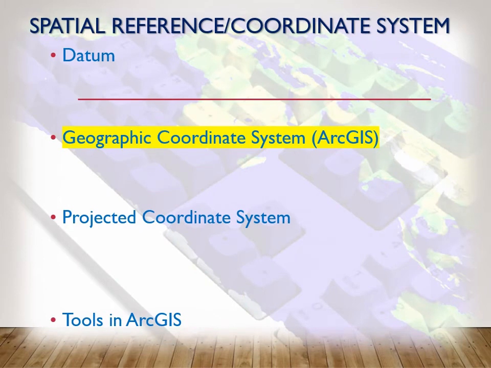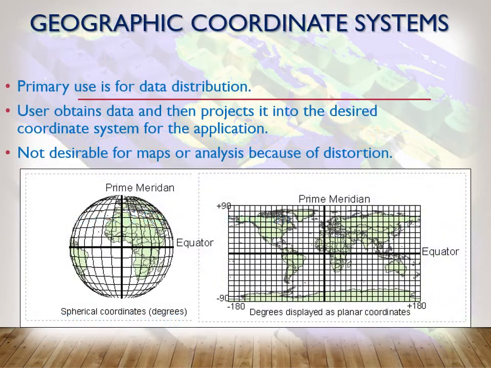Okay, so how do we deal with geographic coordinate systems in ArcGIS? So geographic coordinate systems in general are not a good thing to use. You might want to use it if you're giving data away, because that way a person can go ahead and just project whatever they want, whatever projection they want to use.